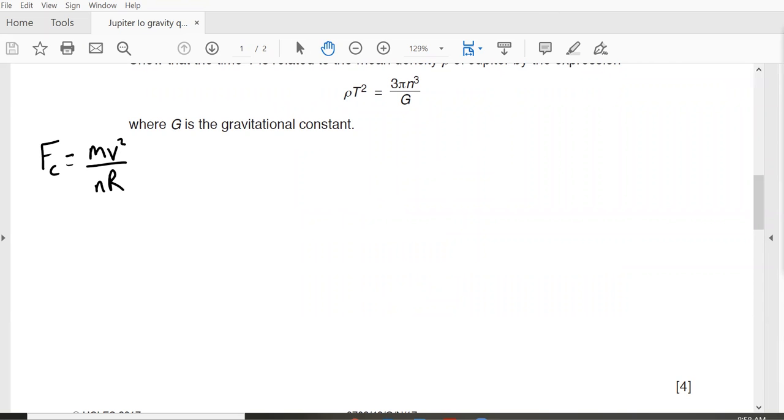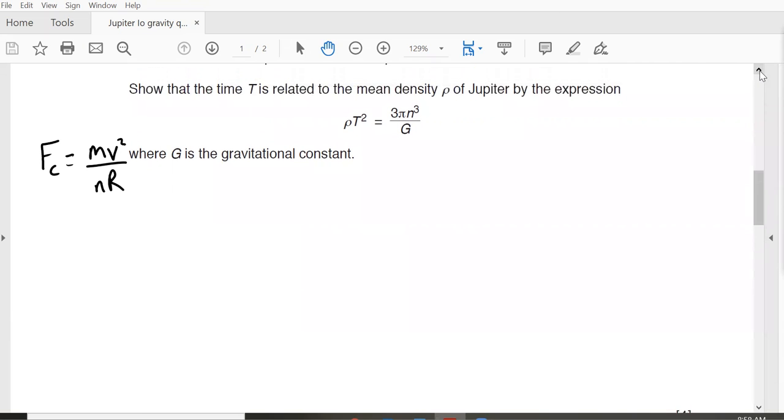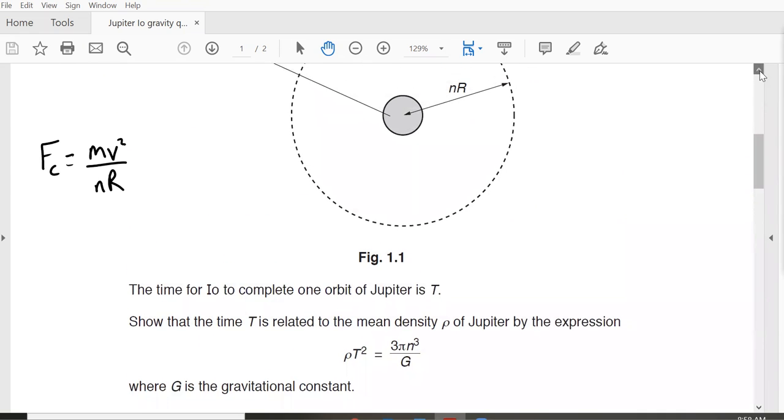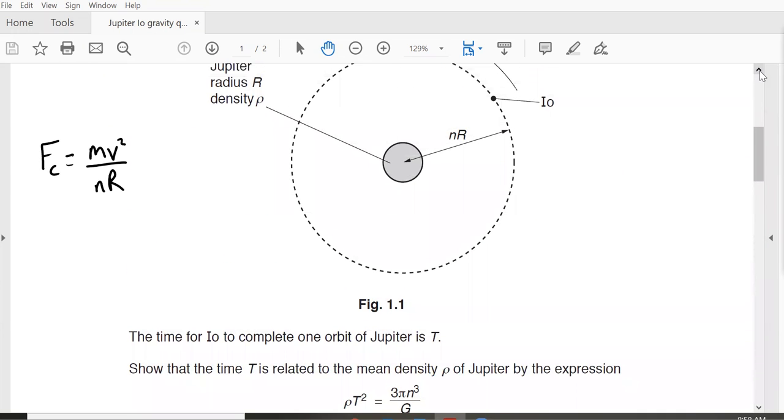If you didn't already sketch this figure in your journal where you're doing your working, I would do that now. In fact, I might just want to do my working up here. All right, so in general, for anything to move in a circle, there has to be a force that acts on it that's equal to mv squared over r, where r is how far away it is. You can see that Io, they assigned it as lowercase m.